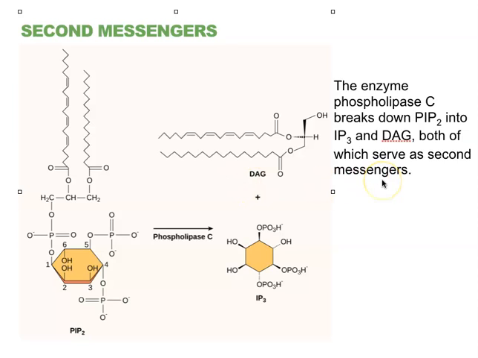And what you're looking at is the mechanism that was discovered that actually shows how we break this phosphoinositol bisphosphate in the presence of an enzyme. So you now end up with two different signaling molecules. And the IP3 goes off and does one thing, and the diacylglycerol is going to go off and do another.